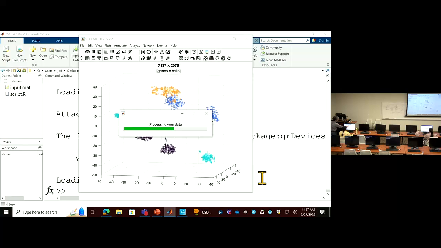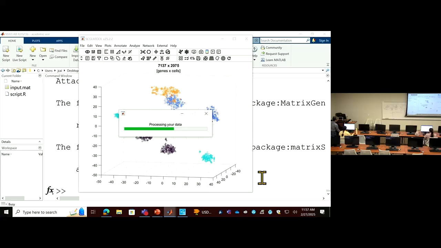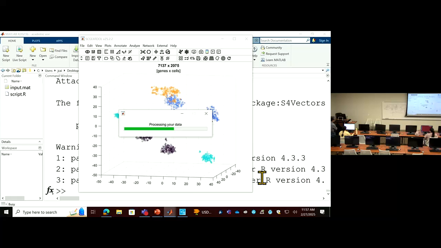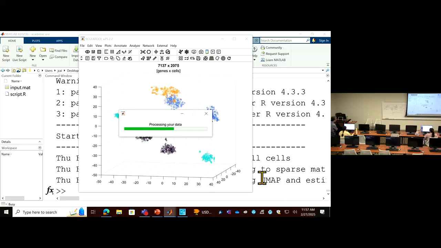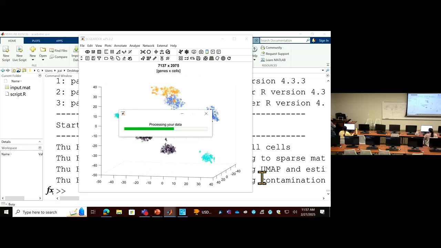You can set up the environment by setting up the R environment. Basically, you try to find where this is located. Click this one, and you are done. Then you should be able to run.